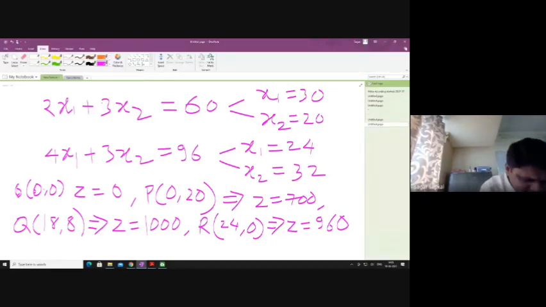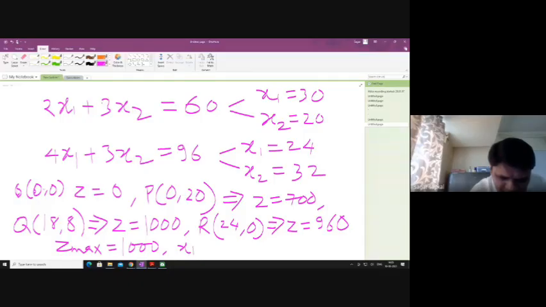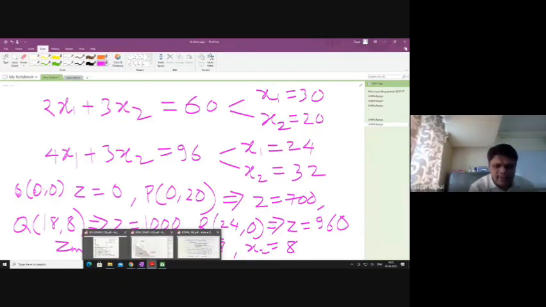Our solution is Z max is equal to 1000, and for that 18 products of A should be produced and 8 products of B should be produced, so that we will get maximum profit, that is 1000 in terms of rupees. So the solution is X1 is equal to 18, X2 is equal to 8, and Z max is equal to 1000.